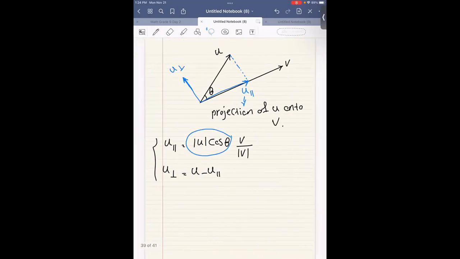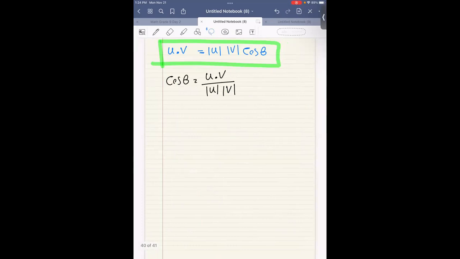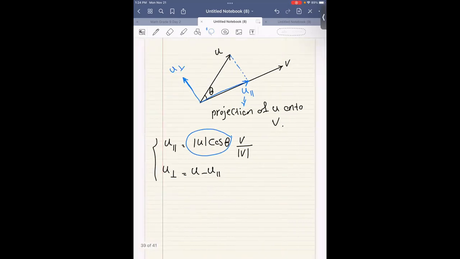Okay, so remember that u parallel was this formula: the magnitude of u times cosine theta times v over the magnitude of v. Now, if you use this formula to find cosine, then you can write another formula for u parallel.